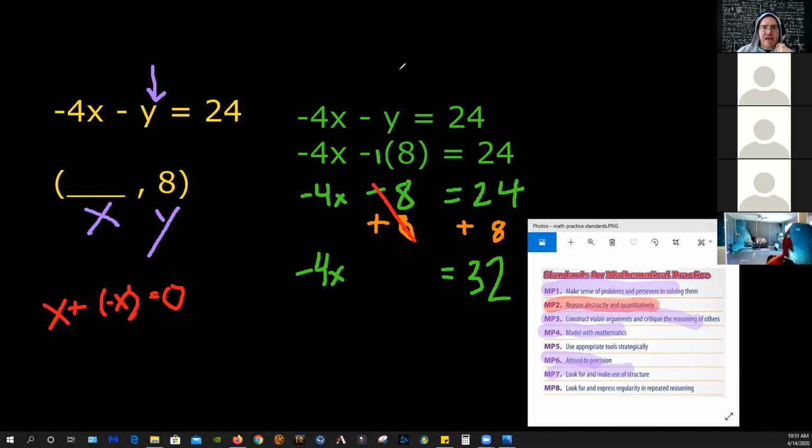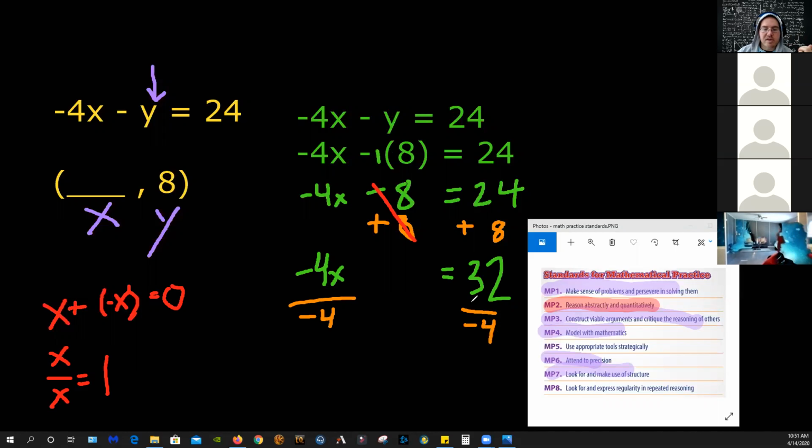Now, the next abstract rule we're going to abuse is that any number divided by itself is equal to 1. So in our math right here, and no one's going to tell me to do this, I have to know it just intuitively, I'm going to divide by -4 on both sides.